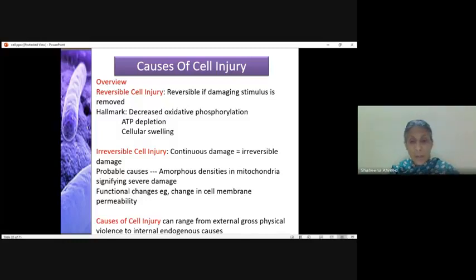It is damaging the mitochondria, the cell membrane, and affecting the permeability of the cell membrane. Once the permeability of the cell membrane is injured and the integrity is lost, the cell is doomed, the cell is going to die.